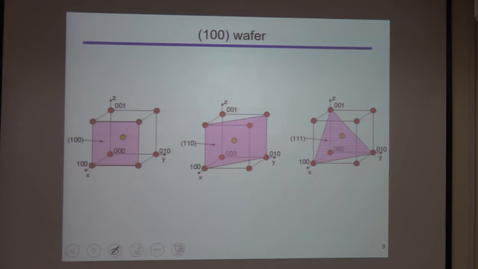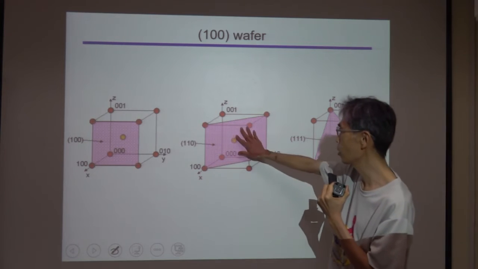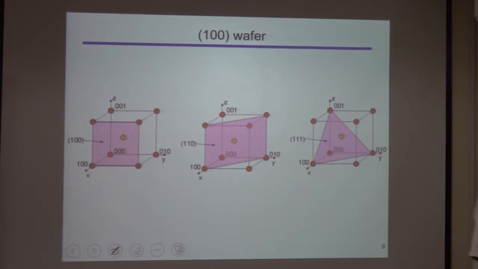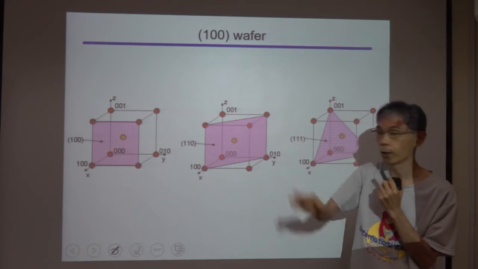Why do we give this surface the name 1, 1, 0 surface? Remember, we use the surface normal to represent the surface.